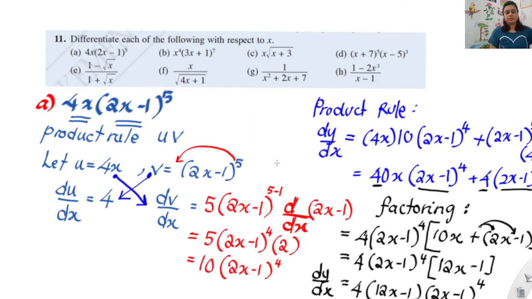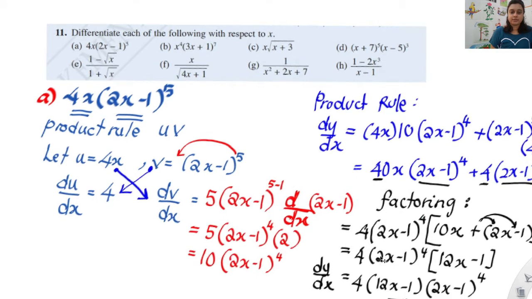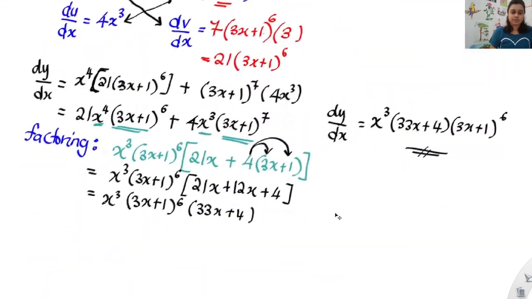Let me just memorize the question: x square root of x plus 3. Let me go back down. So I'm going to write the question here. For C, it is x square root of x plus 3. That's it. Now, what can you see here and what can we apply? We can see that there is x, and there's also another x.